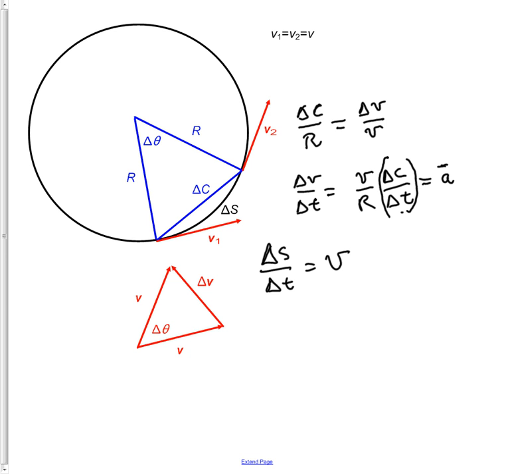And if you imagine now cutting delta theta in half, delta s and delta c are going to get closer still. And imagine cutting it in half again, and they're going to get closer still.